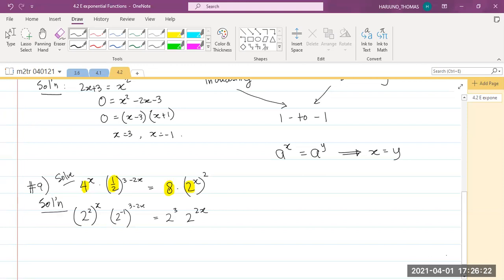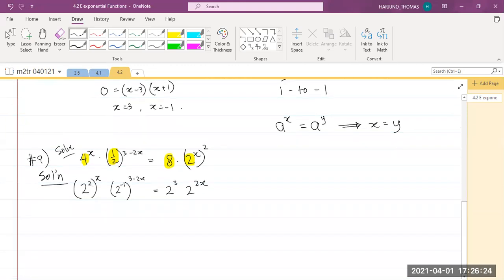The reason is, once they are all in base 2, we may be able to put them together under one base. So 2 to the 2x times 2 to the 2x minus 3 equals 2 cubed times 2 to the 2x. On the left-hand side, this is 2 to the 4x minus 3.